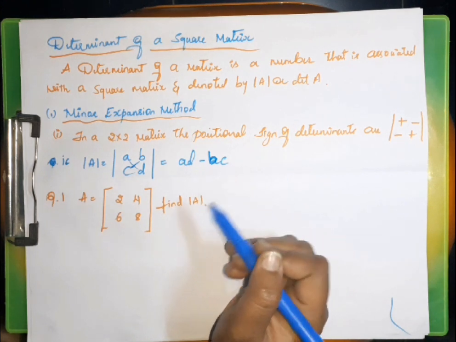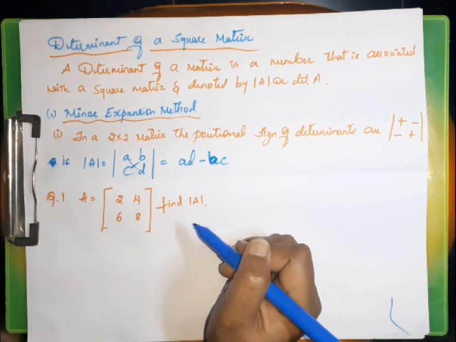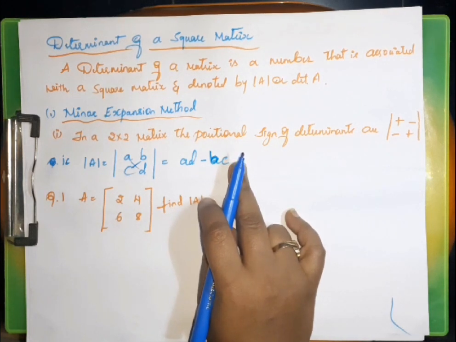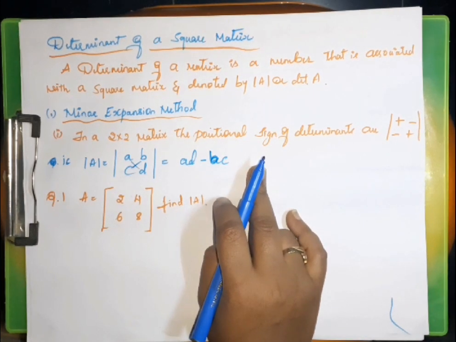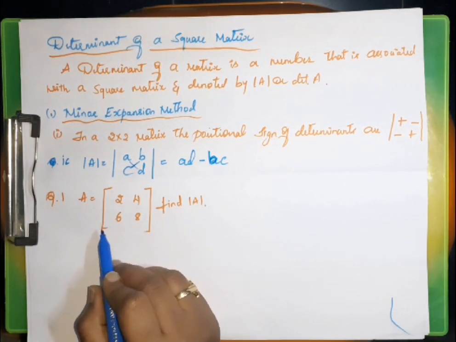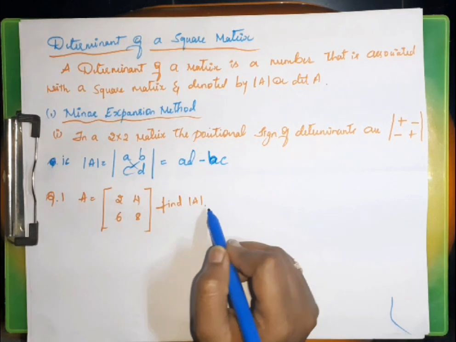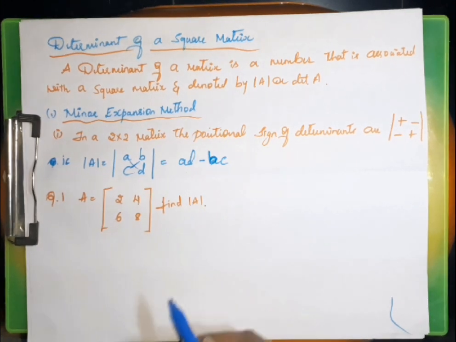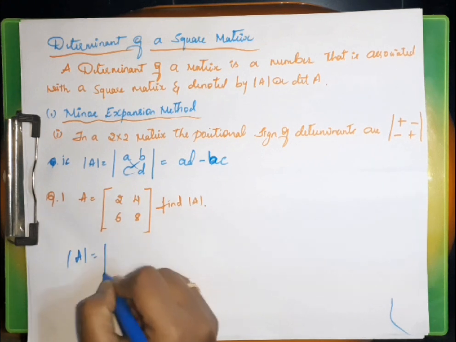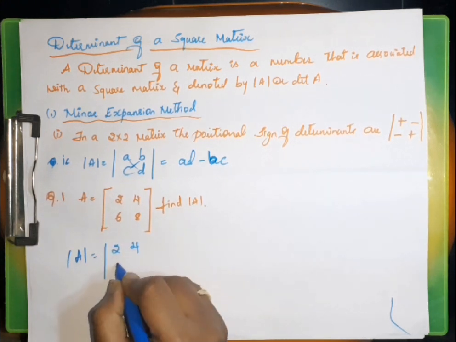Here I am taking an example sum to explain how to calculate determinants under the minor expansion method when the order is 2 into 2. Look at the question. They have given matrix A as 2, 4, 6, 8. We have to find determinant A. Determinant A is represented in parallel lines. Write all the elements 2, 4, 6, 8.